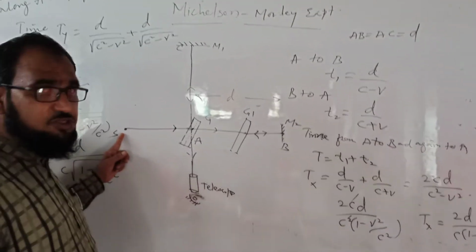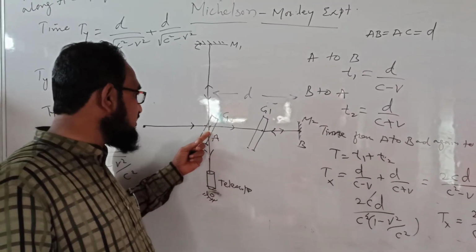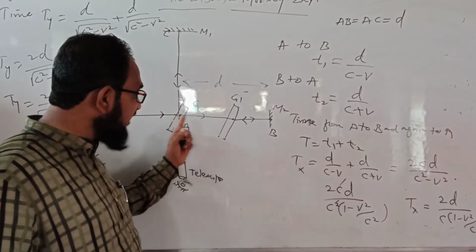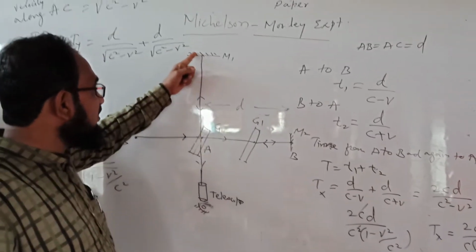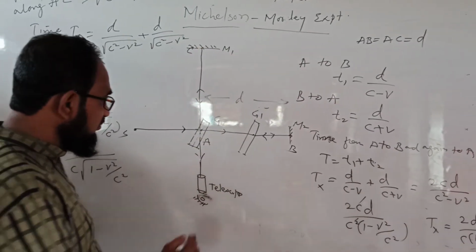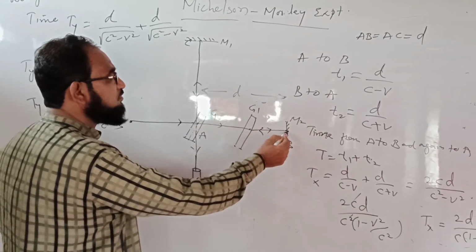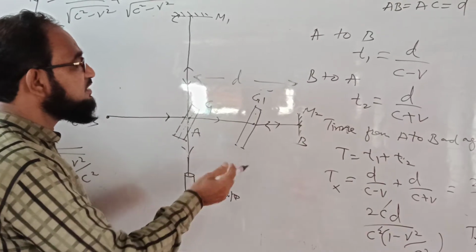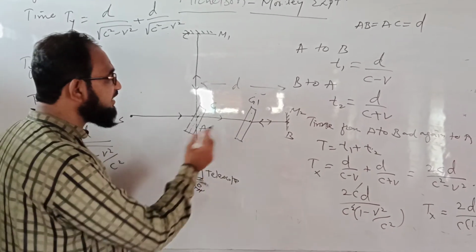The light from the source S is allowed to fall on the silvered glass plate, which partially reflects the light towards M2 and transmits the light towards M1. So what will happen here? The light traveling towards M2 will pass through the glass plate G1. This glass plate G1 compensates the path difference between the light rays.